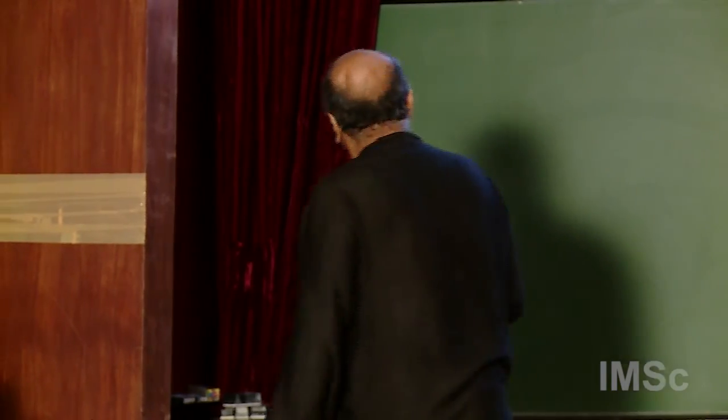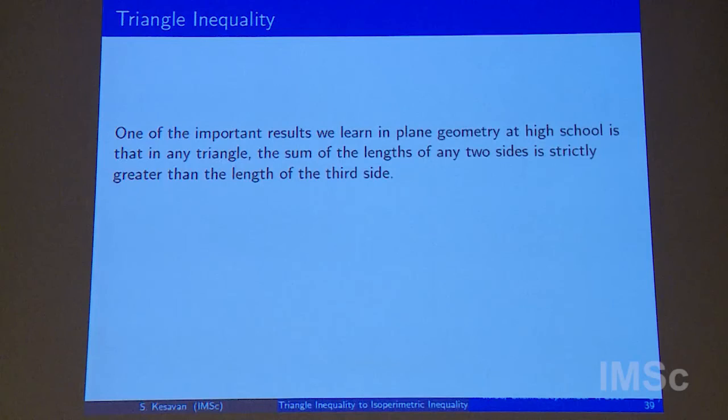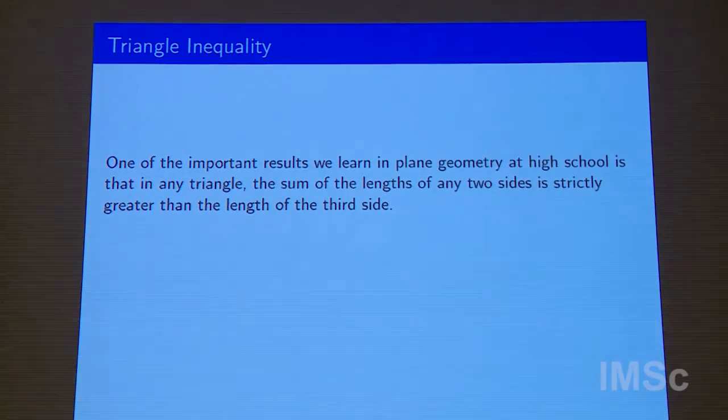Starting from a very simple theorem, we will end up in a fairly deep theorem. One of the important results we learn in plane geometry at high school is that in any triangle, the sum of the lengths of any 2 sides is greater than the length of the third side.